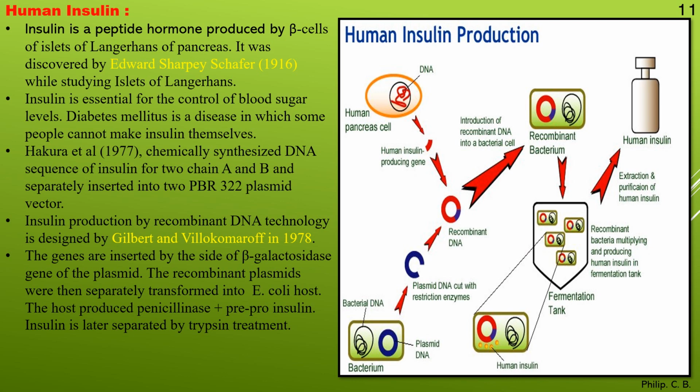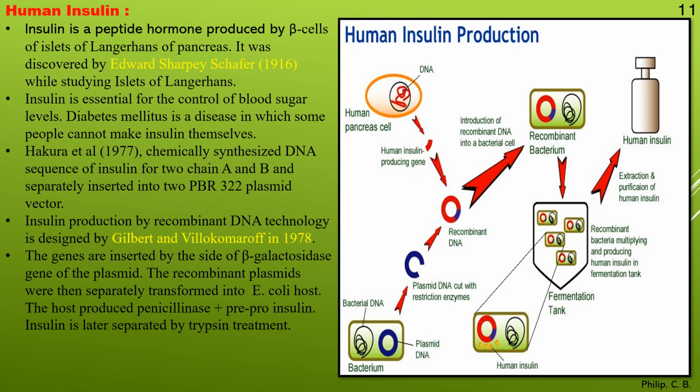Further, Goeddel et al. in 1977 chemically synthesized the DNA sequence of insulin, two chains A and B, and separately inserted them into two pBR322 plasmid vectors, as we just learned, the most commonly used plasmid. Insulin production by recombinant DNA technology was designed by Gilbert and Vinokourov in 1978.